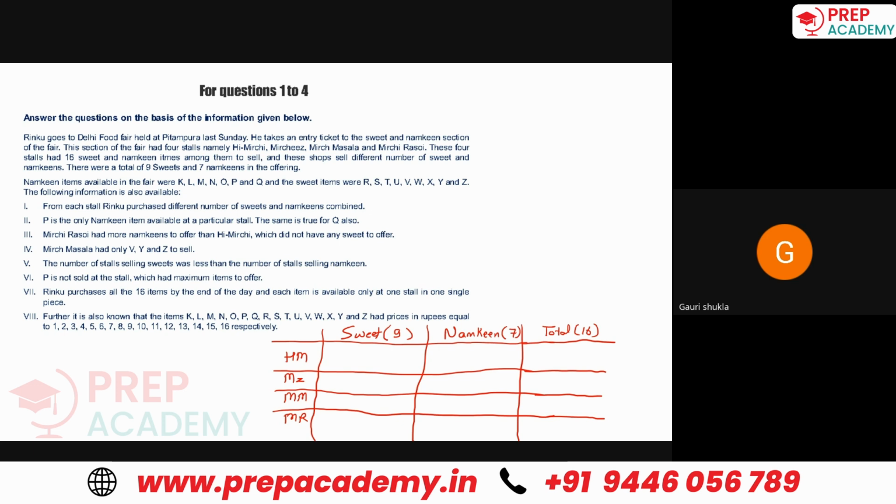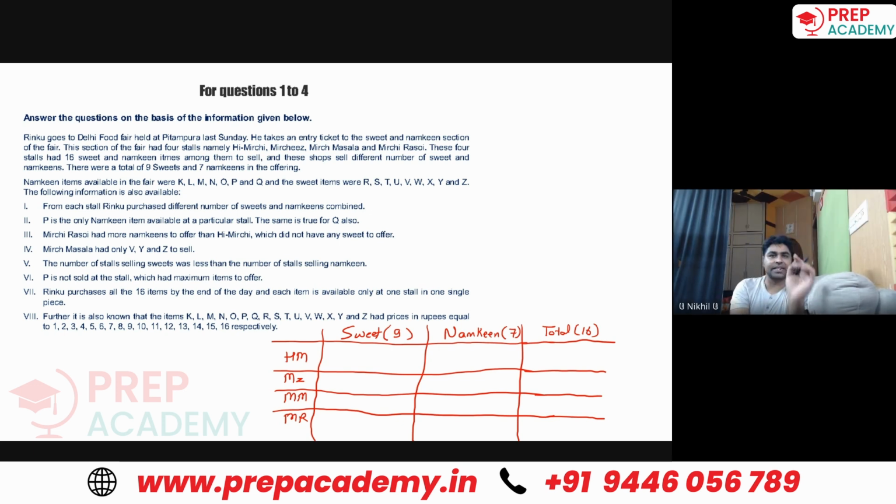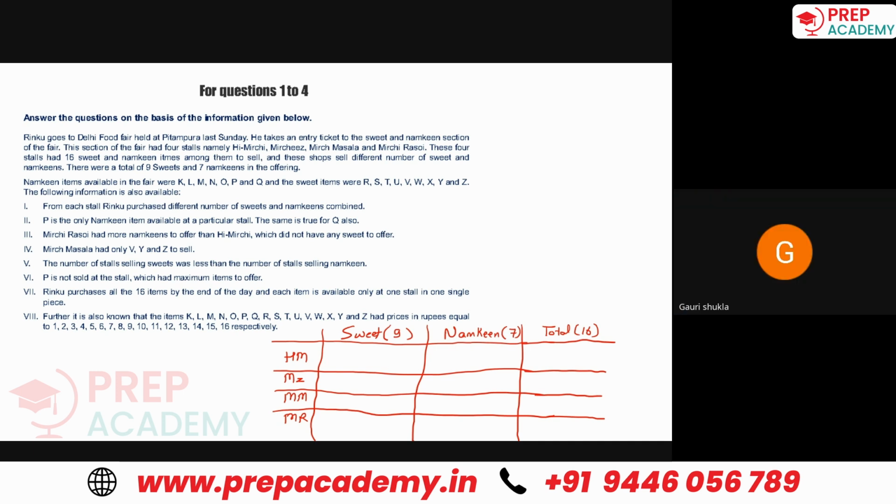Yes, sir. Okay, great. So this is the first step of skeleton making, the framework of the question, so that further on it becomes easy for you to place things in the right manner, in the right spots. Sir, I have framed it like, I have taken the 4 stalls on the top.